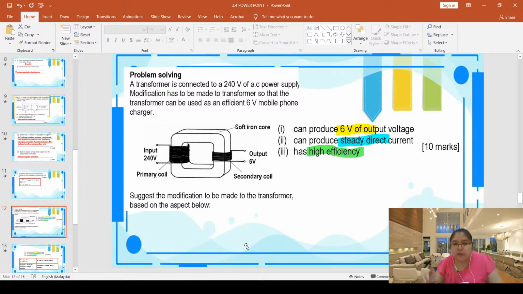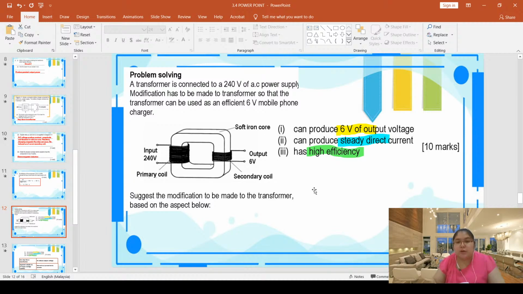So question 1 and question 2 are actually only 4 marks. All the other marks are from number 3, high efficiency. How to increase the efficiency? So all the factors you can mention now. Can you see the question is using a soft iron core? Since they are using a soft iron core, we cannot mention the soft iron core again.